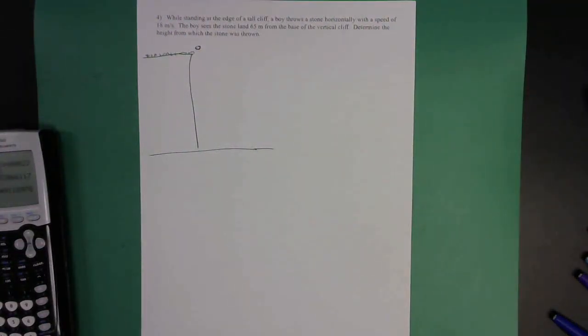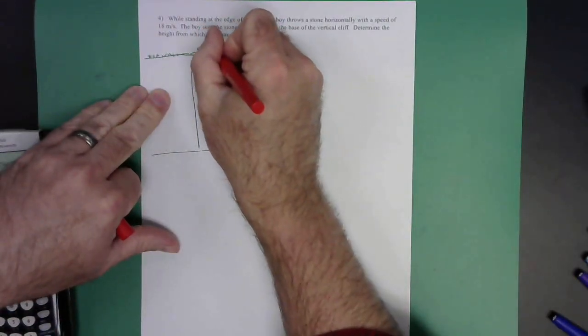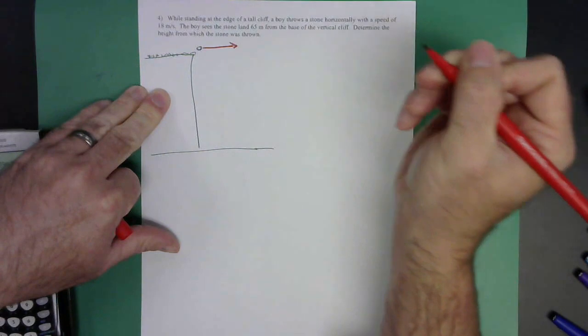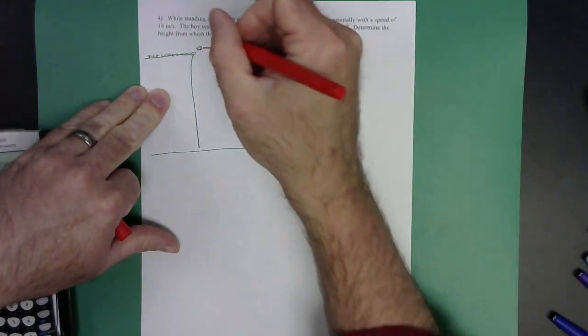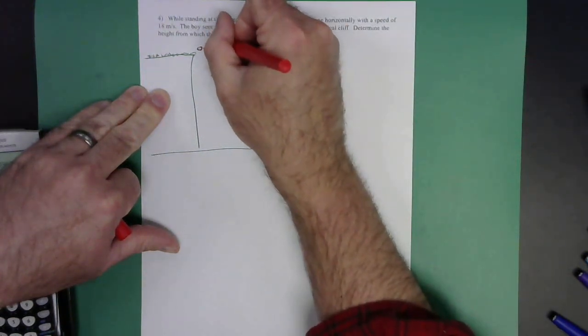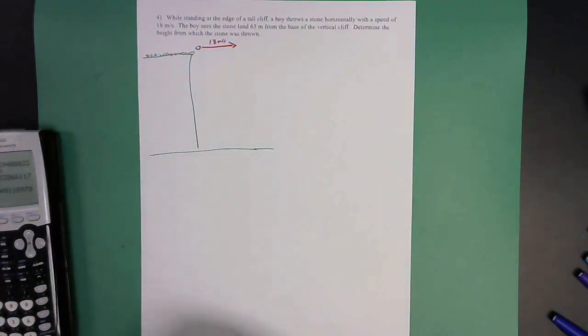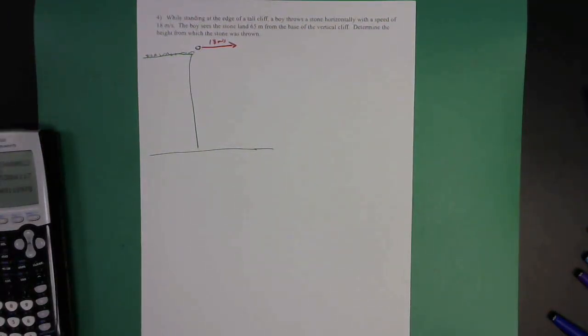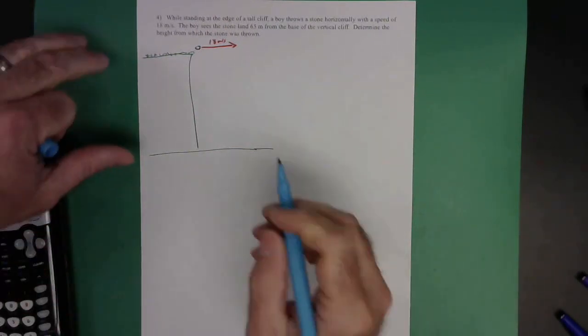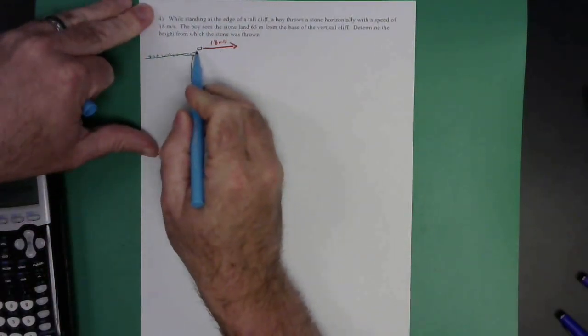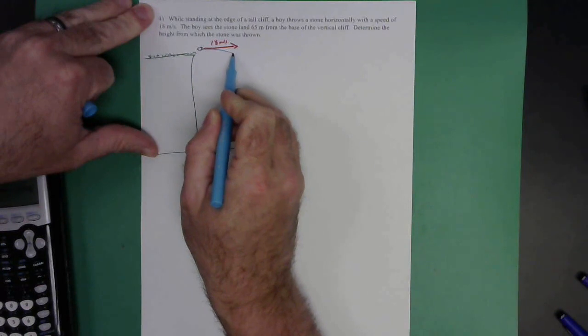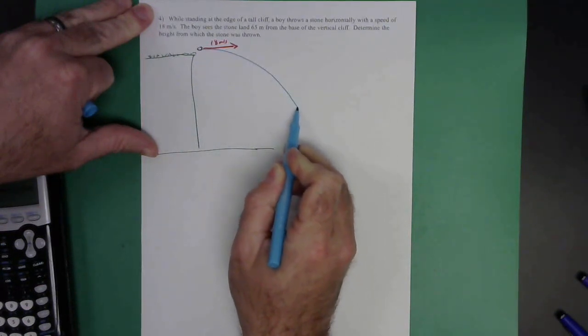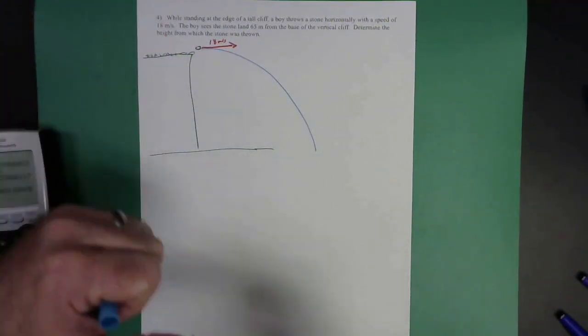That's my starting velocity vector, horizontally at 18 meters per second. Can I draw in the trajectory it is going to take? Sure. Again, it starts off horizontally. I want my pen moving horizontally here at the start. It starts to curve down immediately, and it's going to land out there somewhere.